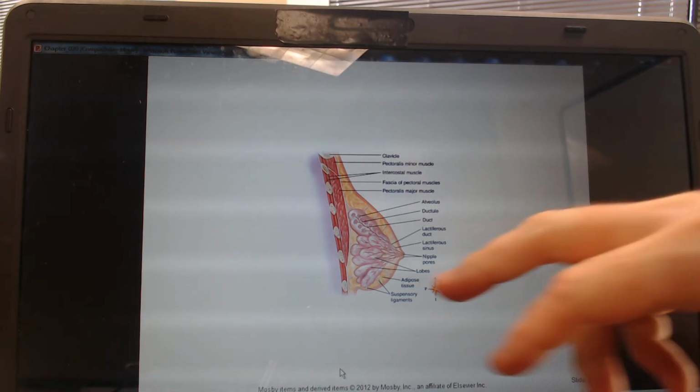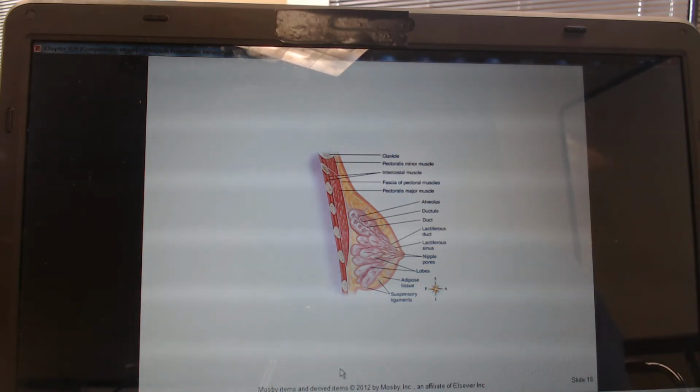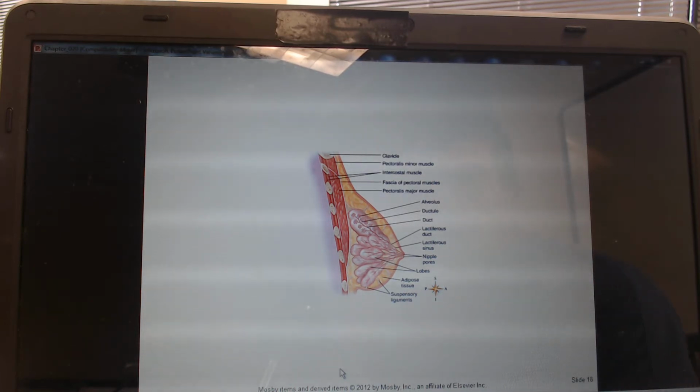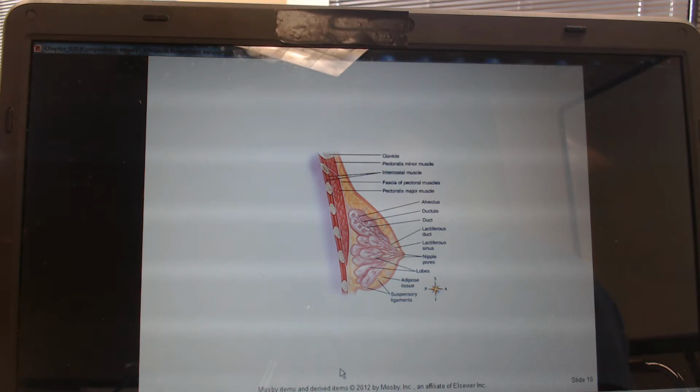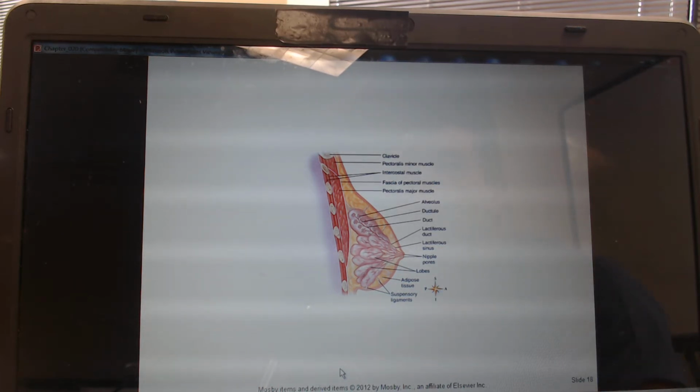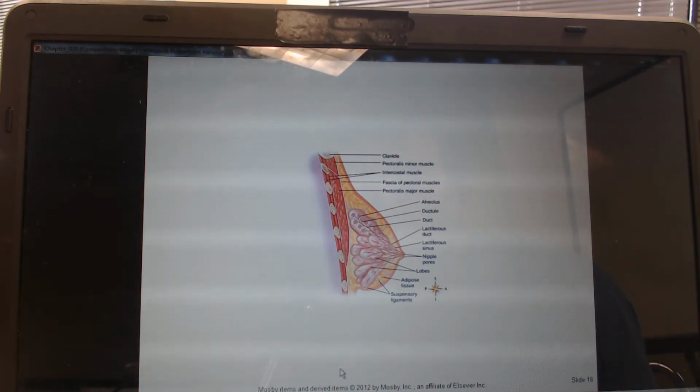We see in pink the ductal tissue, and those ducts consist of the secretions from the lactiferous duct and the lactiferous sinus. Those all lead into the nipple, and those are going to be stimulated during the birthing process by various hormones. Prolactin starts the secretion of milk to nourish the newborn.